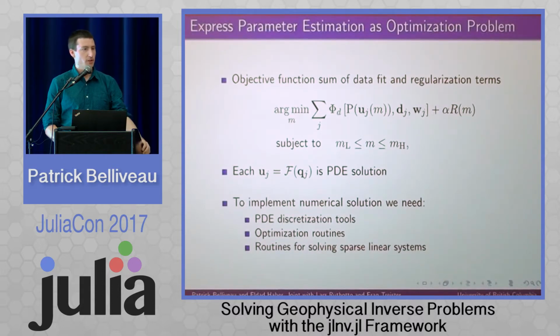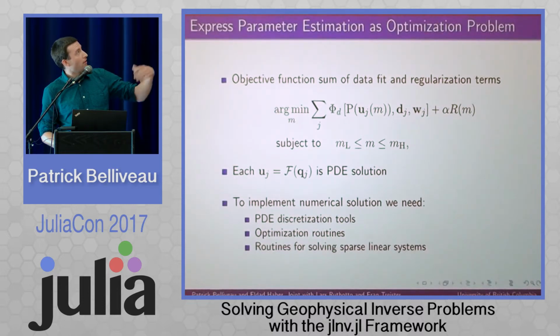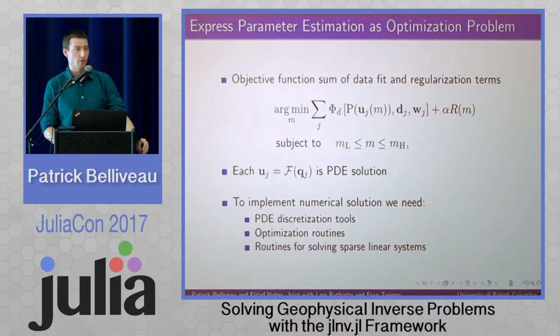We solve an optimization problem that tries to minimize, in some sense, the discrepancy between the measured data from the field and the model data that we can computationally generate. That's a very ill-posed problem in most cases, so we add a regularization term to that, which I won't go into here.